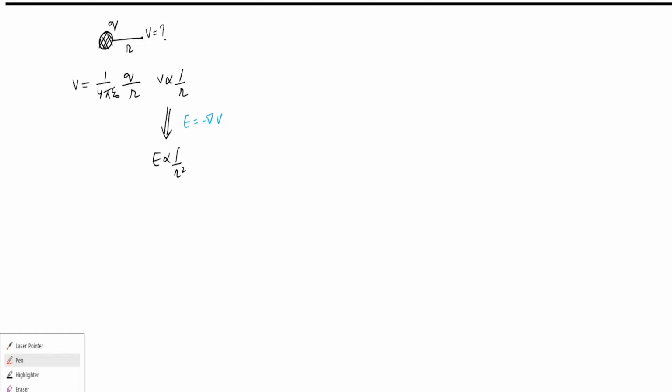Now, suppose I have a dipole, plus Q and minus Q. For a dipole, the dependence is 1 by r square. Do you know the formula for this?